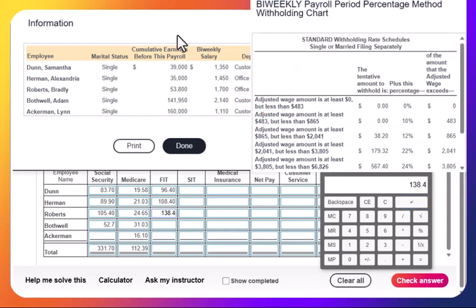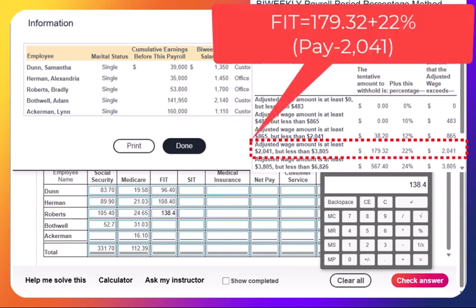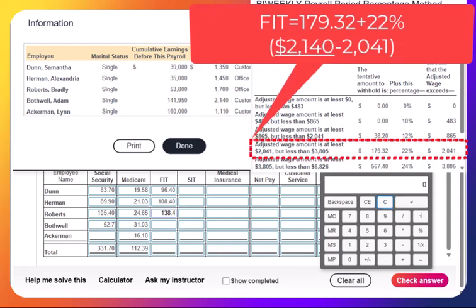And then we can go ahead and move on to Adam Bothwell here, and then notice his biweekly salary here does actually fall in the fourth row on our withholding chart here. So let's go ahead and calculate his federal income tax. So we're going to take the $2140 and the amount to subtract out from that is $2,041.